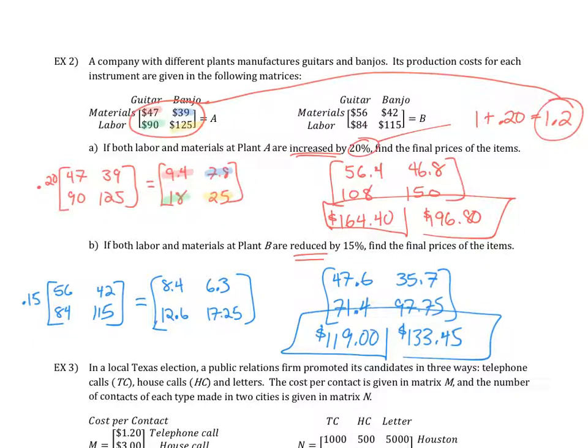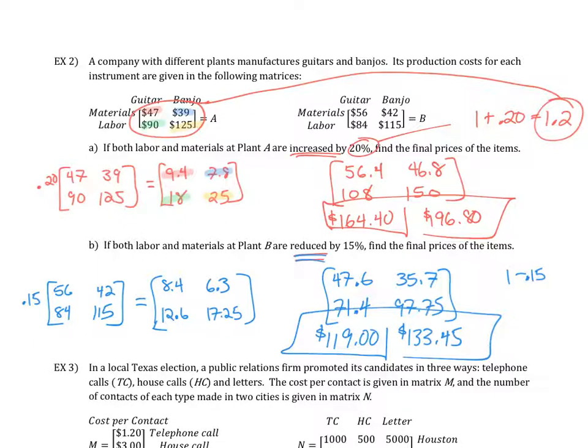Similarly, down here in part B of example 2, this is reduced by 15%. Well, 15% is 0.15 as a decimal, and since we're reducing, we would subtract it from 1. You'll notice we're using 1 again.